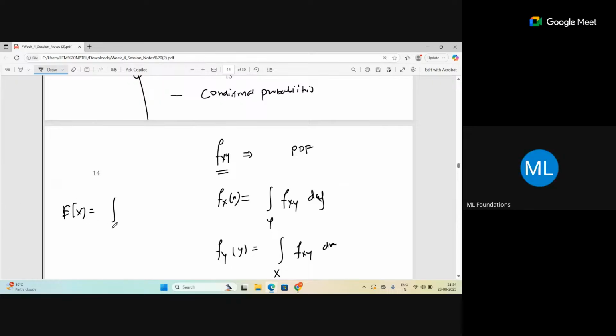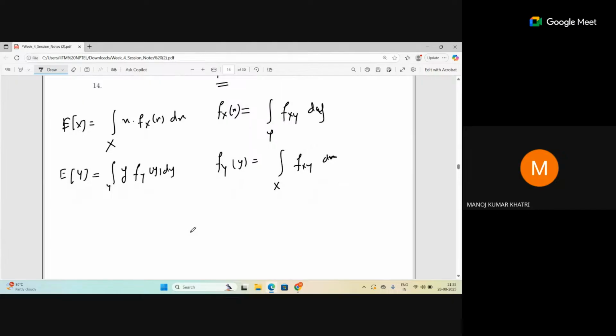It is integration over the range of x, x into f of x of x, dx. Expectation of y is integration over the range of y, y into f of y of y, dy.